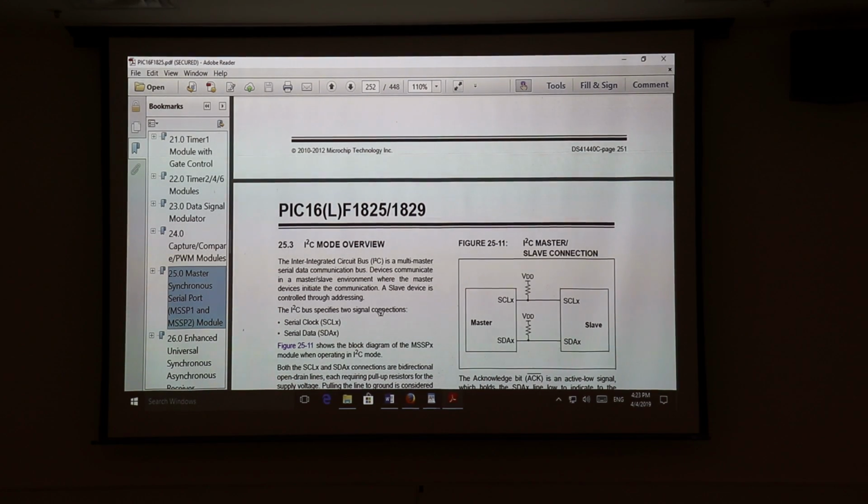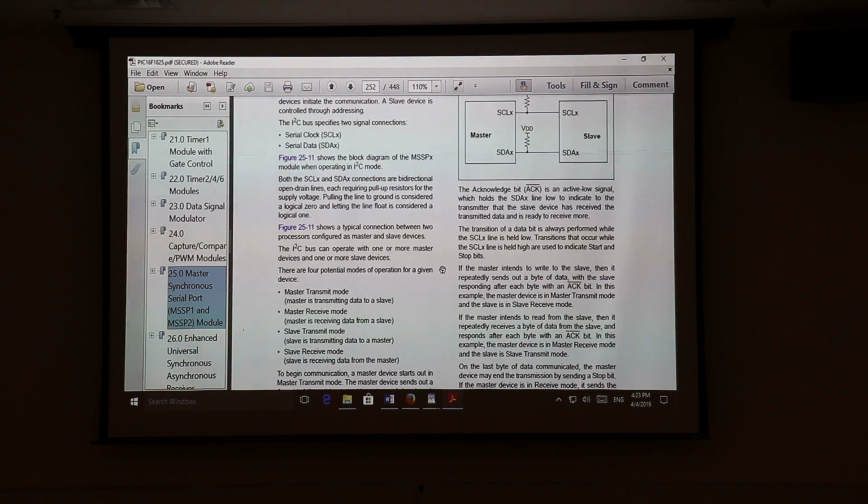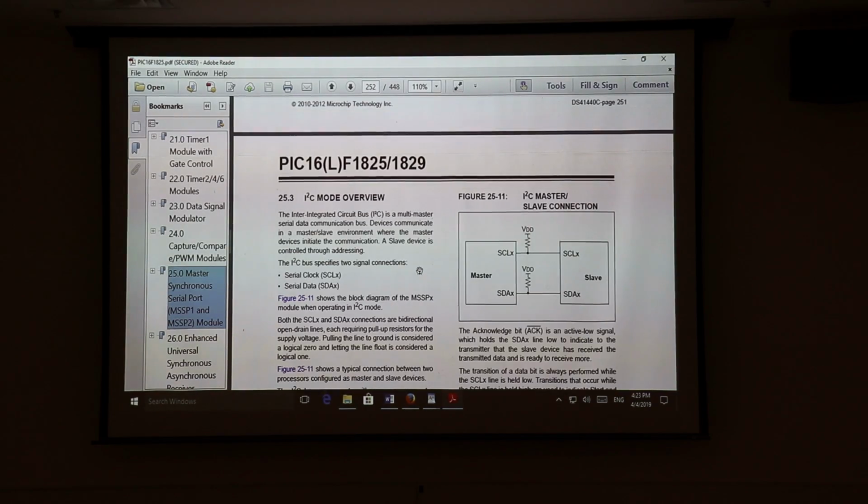And there are ways of deconflicting two masters trying to access the bus at the same time. There's a bus arbitration scheme, and so it's pretty cool the way this is set up. It's a very robust protocol as far as I'm concerned. And I find it a lot easier to use most of the time than SPI. The reason for that is that SPI has 4 different modes you can use it in, and sometimes it's really hard to get in the right mode.